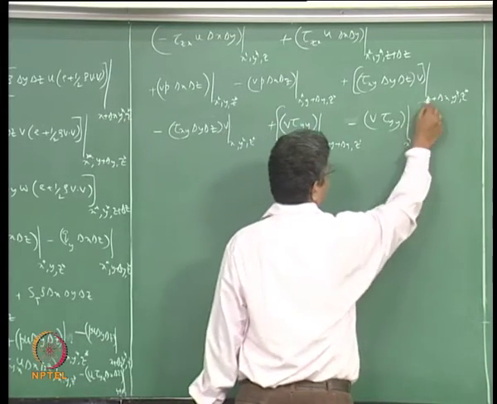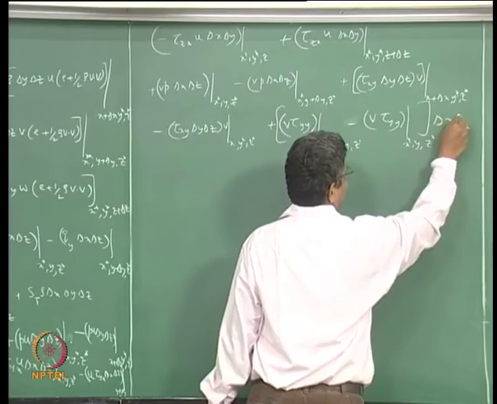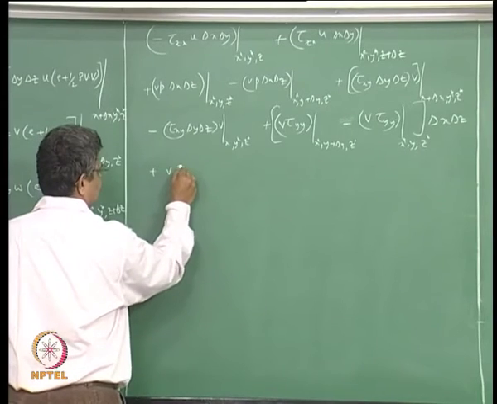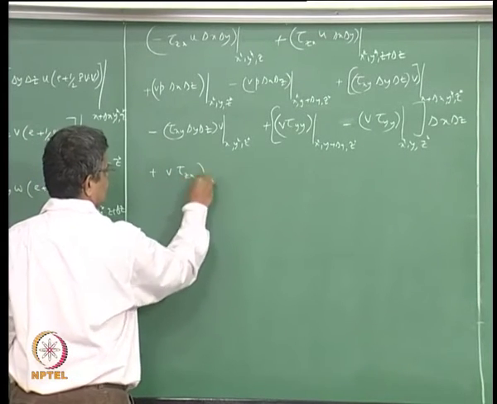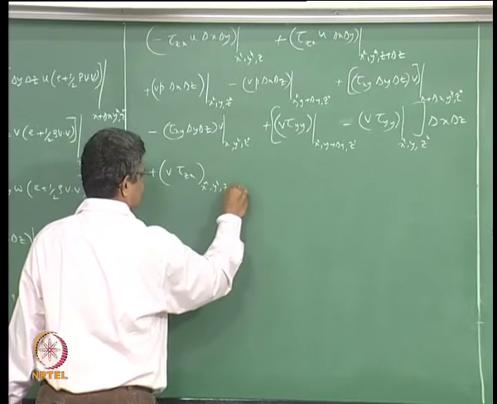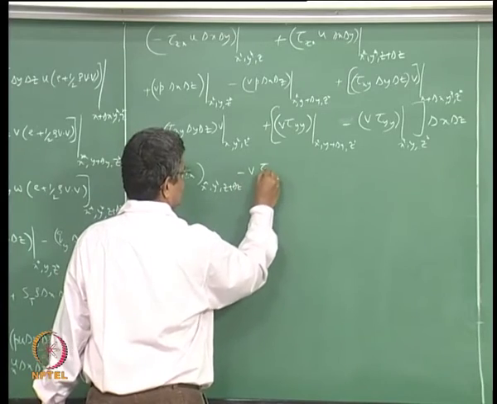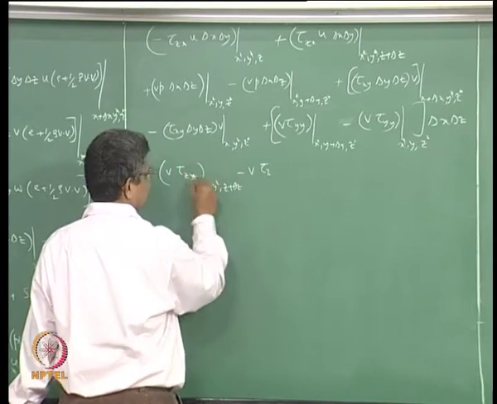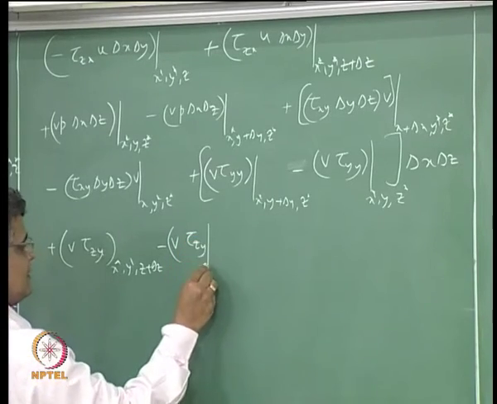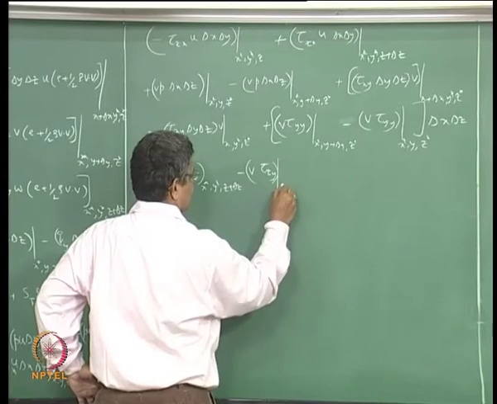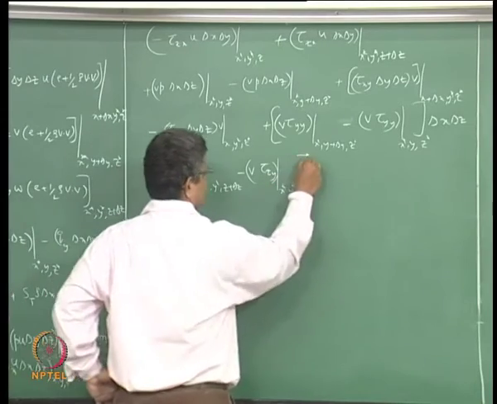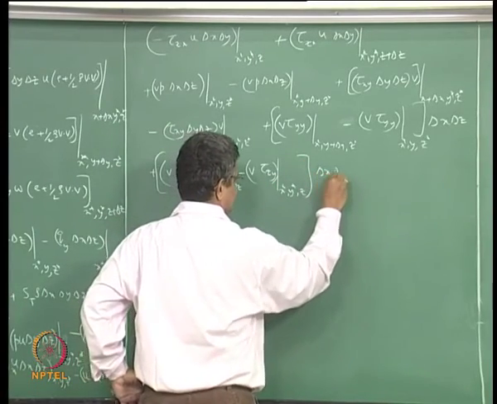This whole thing is multiplied by the corresponding area, which is delta x delta z, plus v times tau zx at x star, y star, z plus delta z, minus v tau zy evaluated at x star, y star, z, this whole thing multiplied by the area, which is delta x delta y.